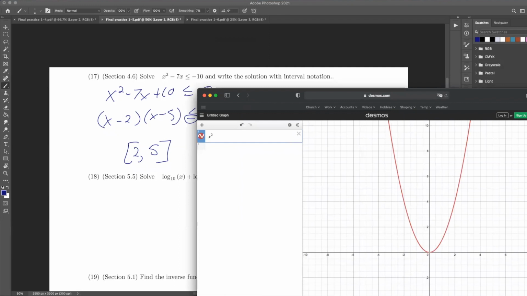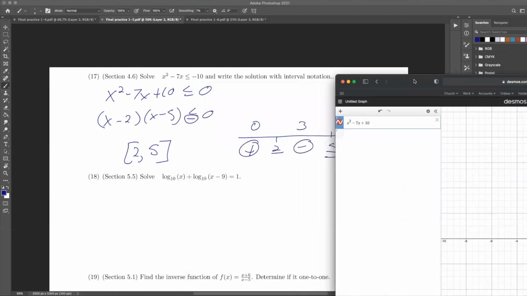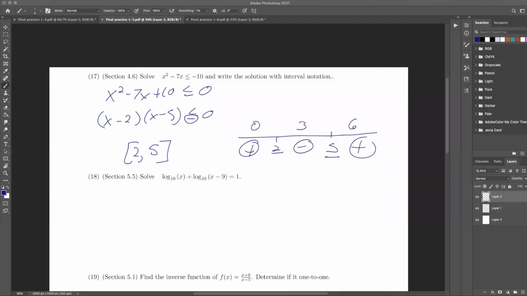So just type it in with the equal sign. And notice if I want everything that is less than 0, in this case, it goes from 2 to 5, and that's everything down here. And so here we check what we got. Okay. All right.